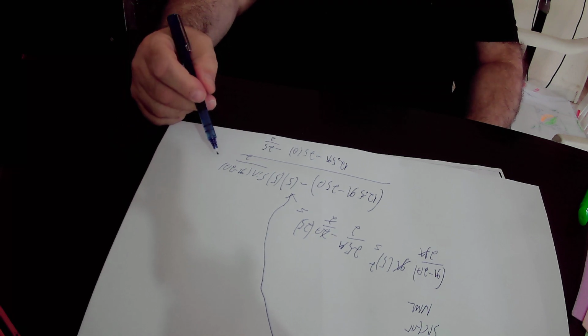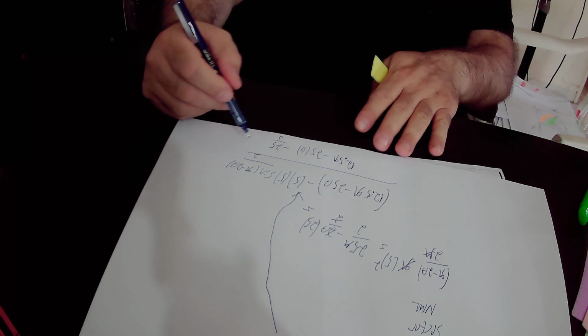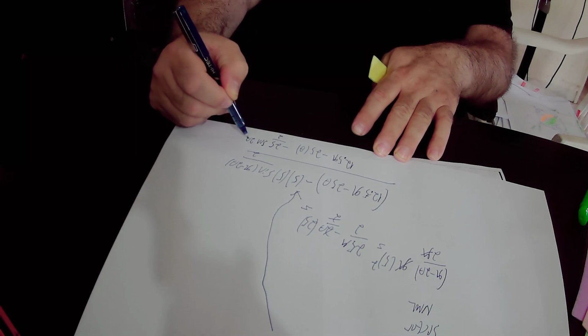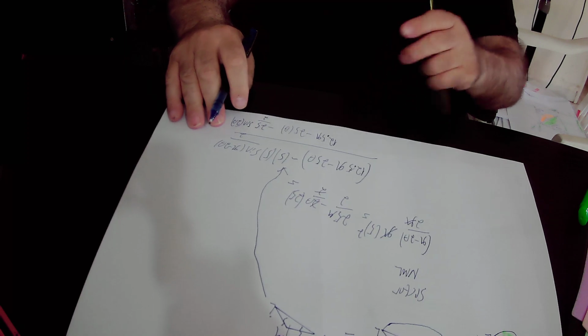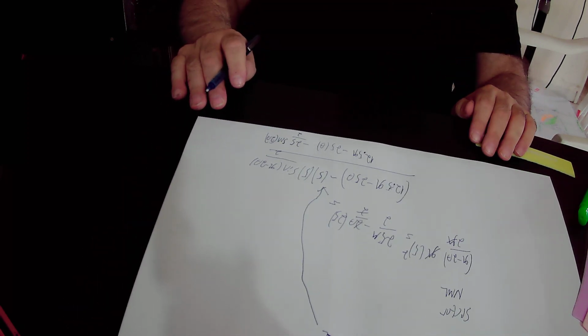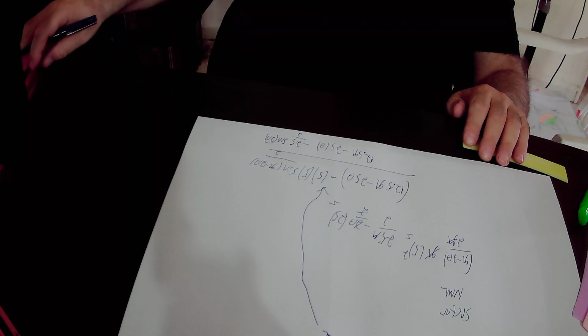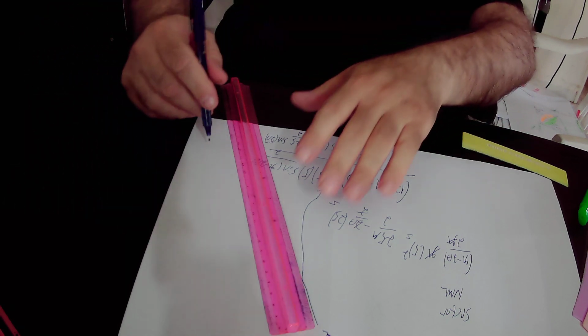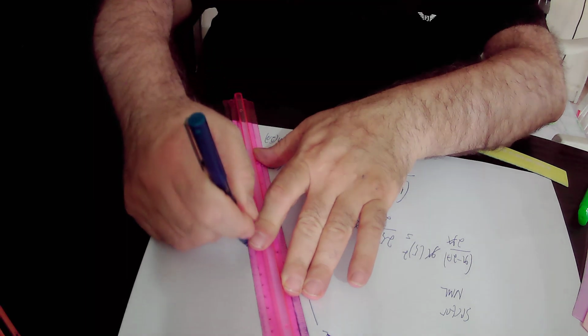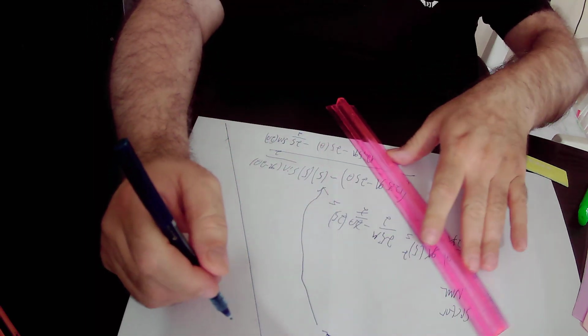Here we know that sine of pi minus 2 theta equals sine of 2 theta. And we have already found out that sine of 2 theta equals 4/5.